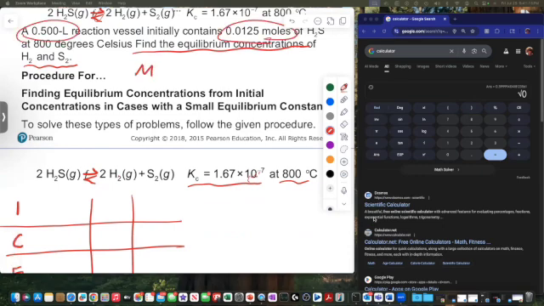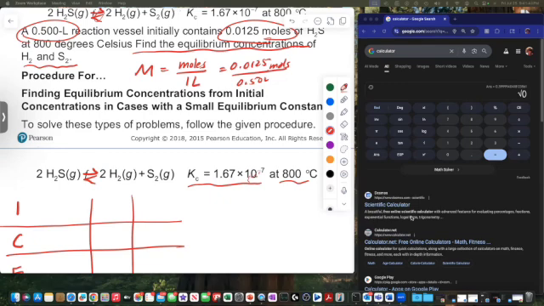Remember, molarity just stands for moles in 1 liter. We have moles, but we don't have moles in 1 liter. So we're going to take our moles, 0.0125 divided by 0.50 liters. Therefore, moles per liter is the same thing as molarity.